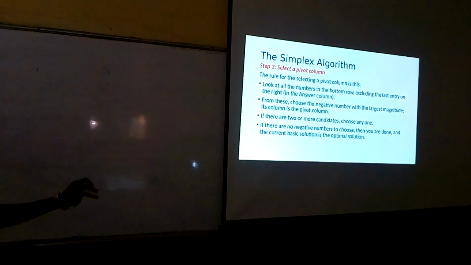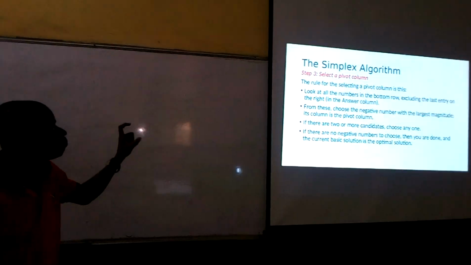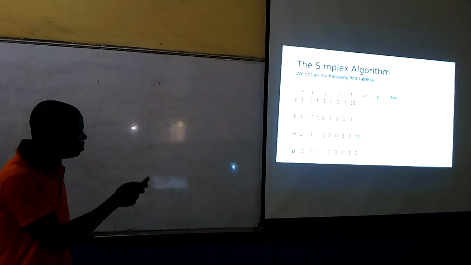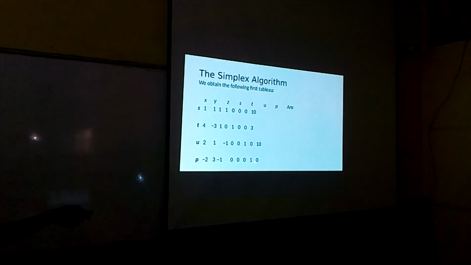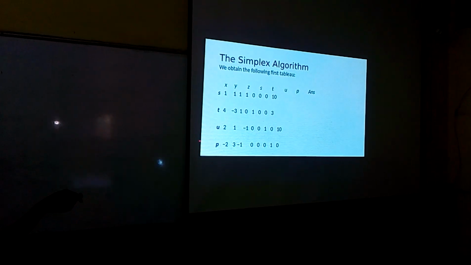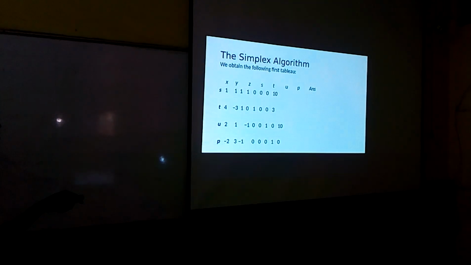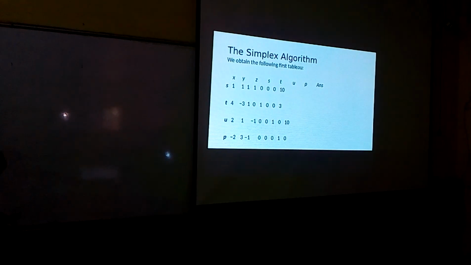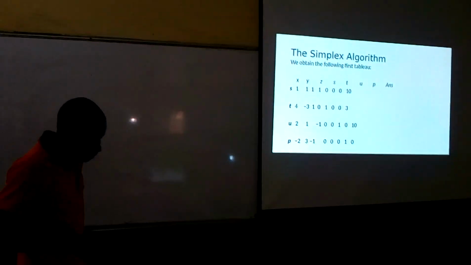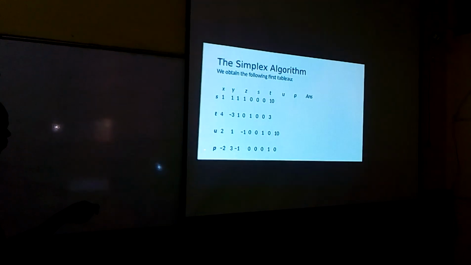Then after that, we select what is known as a pivot column. Now, let's look at the table. We see the last row actually is the objective function. So you look at the most negative indicator from the objective.